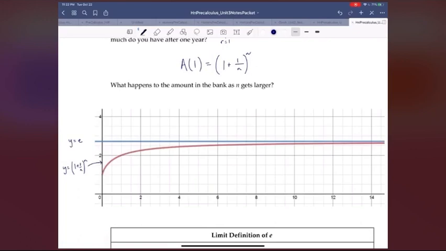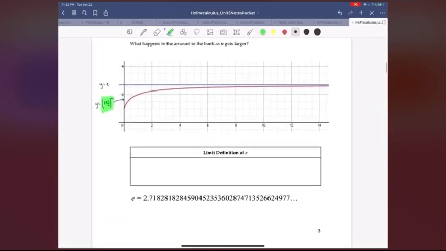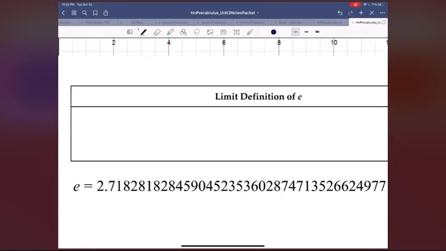So the number e is defined as the limit of this expression as n goes to infinity. We're going to write that down here. So we have the limit, we're going to use x, as x goes to infinity of 1 plus 1 over x to the x equals e.